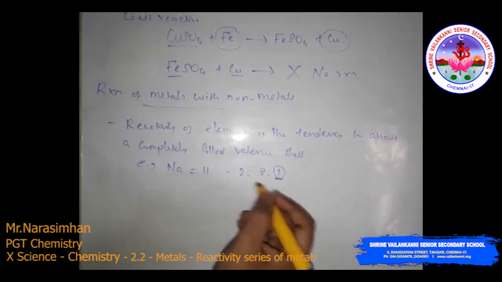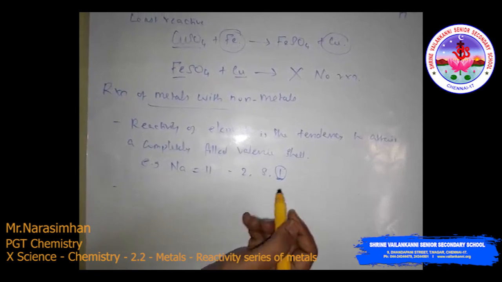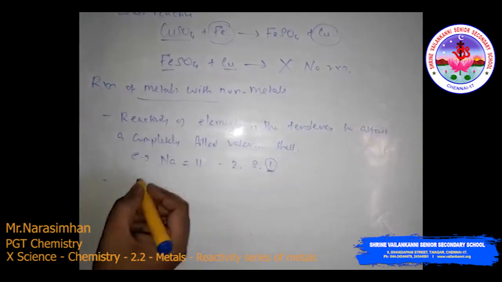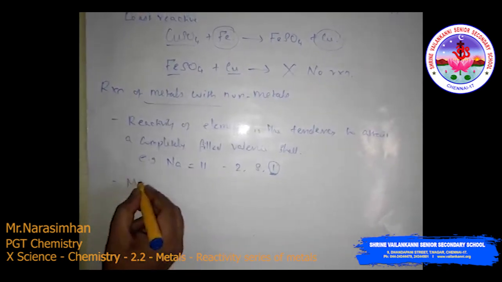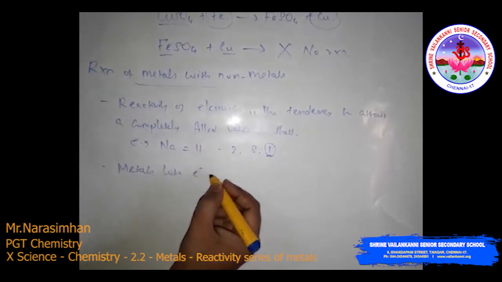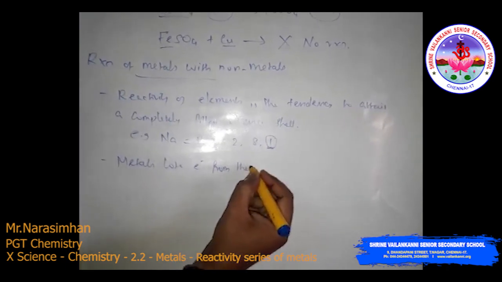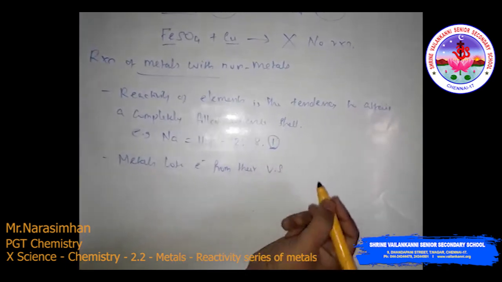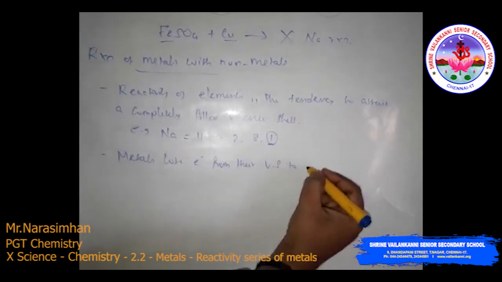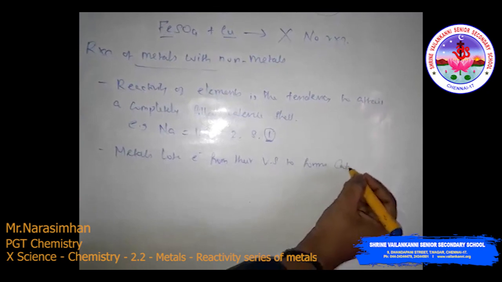Now the next is, metals lose electrons from their valence shell to form cations.